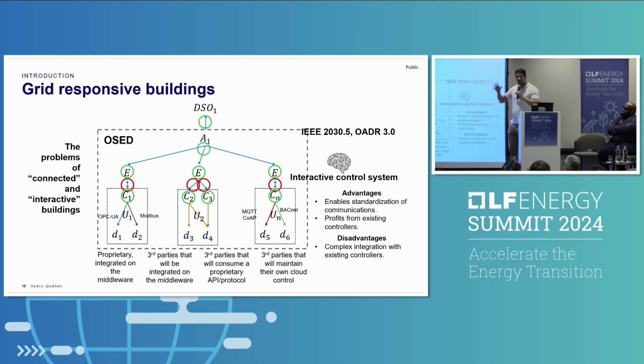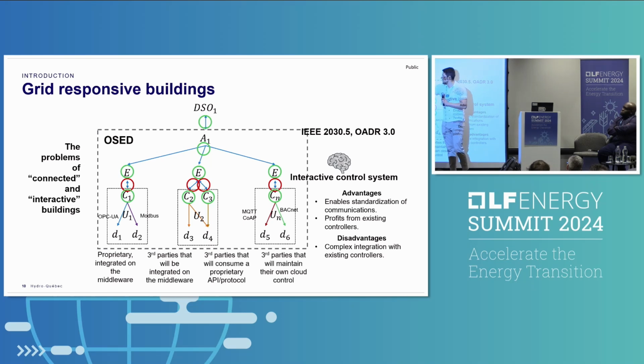So in very big, high level, that's what we try to do with OSED. That's the open source EDGE DERMS. We try to develop this entity here, the one that somehow controls the other controllers. We have, for the moment, very simple communication with DSO.